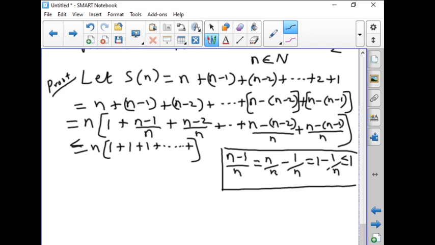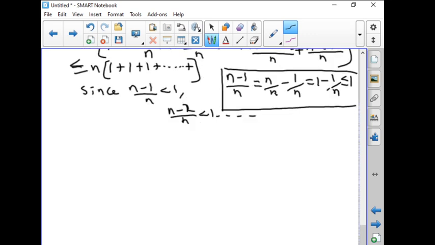Is it clear all of you? What is the reason? Since n minus 1 by n is less than 1, n minus 2 by n is less than 1, etc. Okay, so we get this.